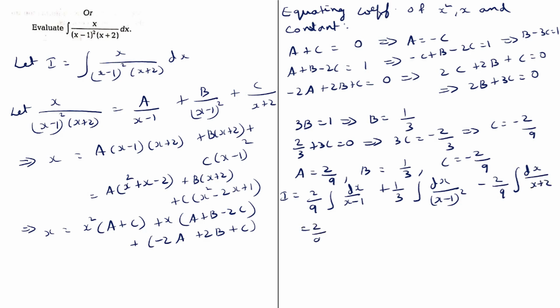So integral dx by x minus 1 is log mod x minus 1, plus 1 by 3 into integral dx by x minus 1 the whole square, which is x minus 1 the whole raised to minus 2 plus 1 upon minus 2 plus 1. Here minus 2 plus 1 will be minus 1, so this will be minus 1 by x minus 1.